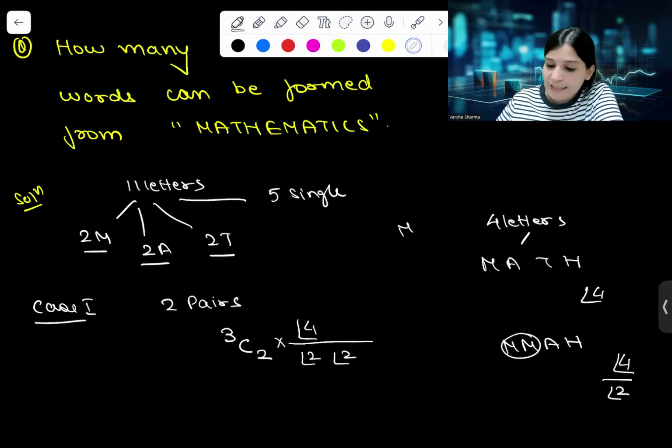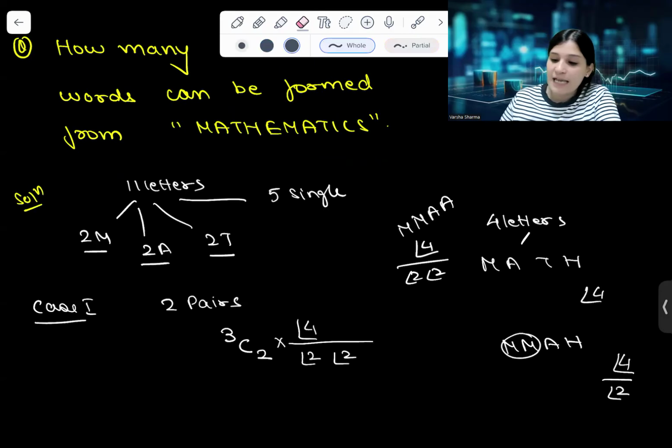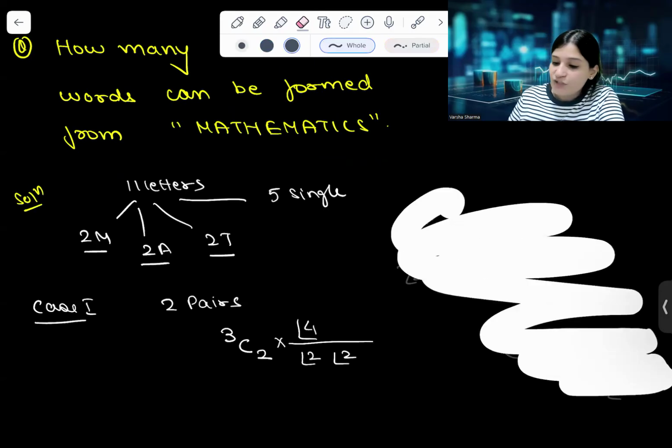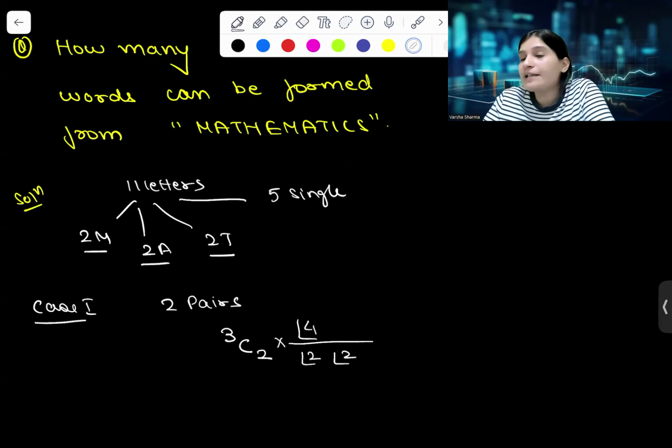It may so happen that I have 2M and 2A. So yes, I have 4 letters, so arranging them is 4 factorial. But there are 2 repetitions, so I need to divide. So the selection has to be monitored, because if I don't know which letters I have selected while arranging the letters, how will I know whether I need to divide by the repetition or not? Right or no? So I want to monitor what my 4 letters are.